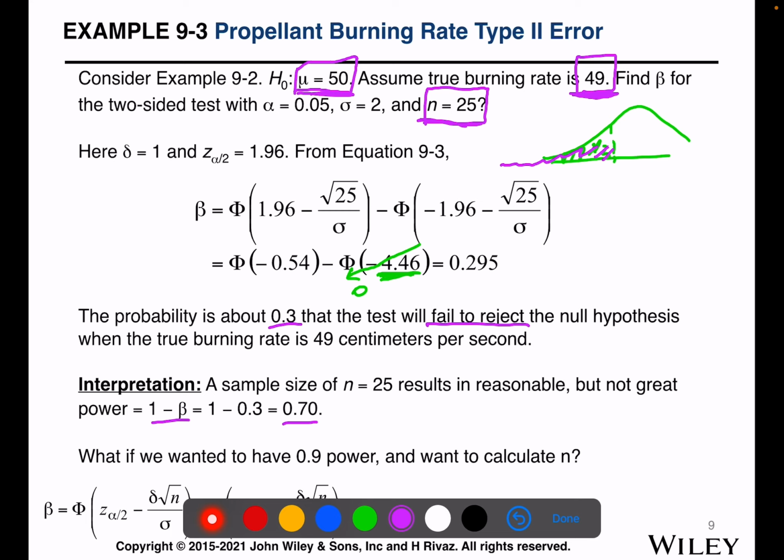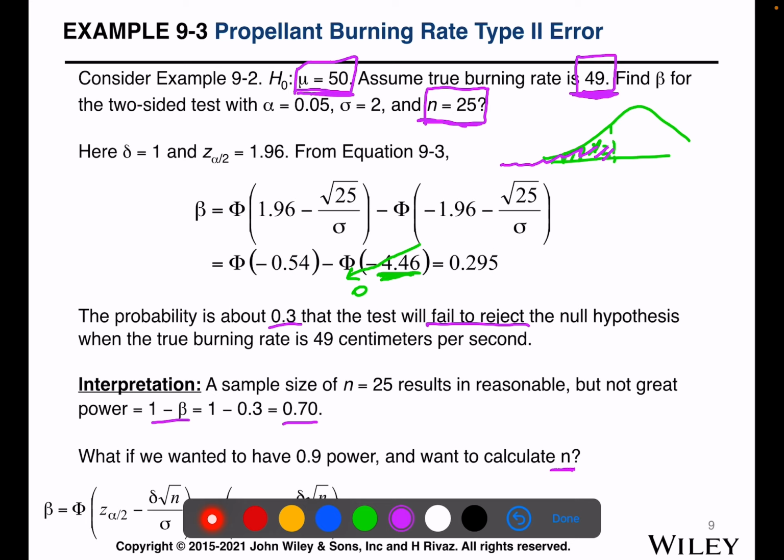So what we actually do for type 2 error is usually the other way around. We want to calculate n such that we have a known power, right? So usually when you design, for example, your project, you can say that, I want to collect that many samples such that my power is 0.9.